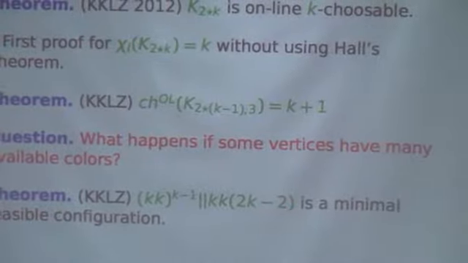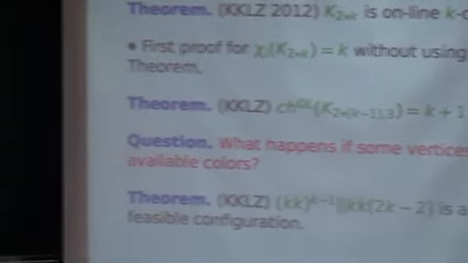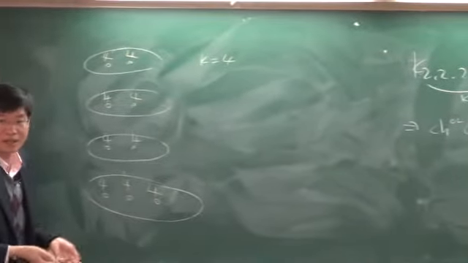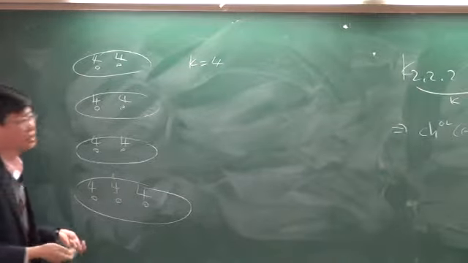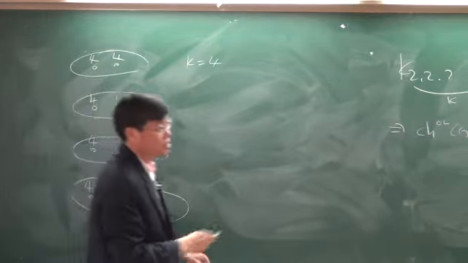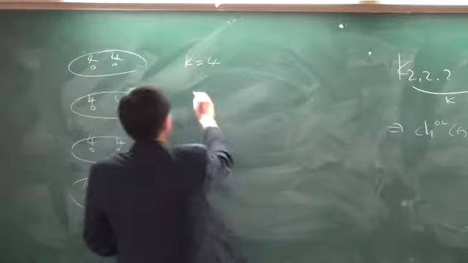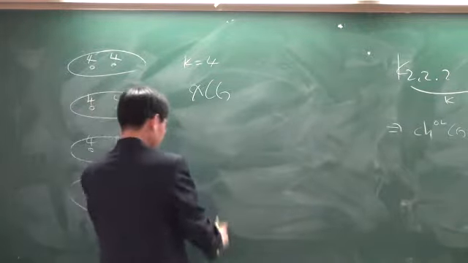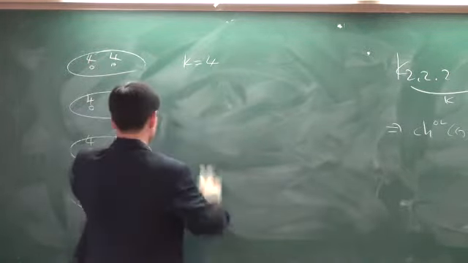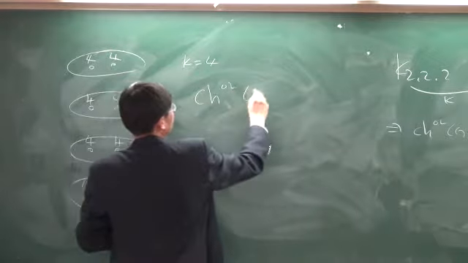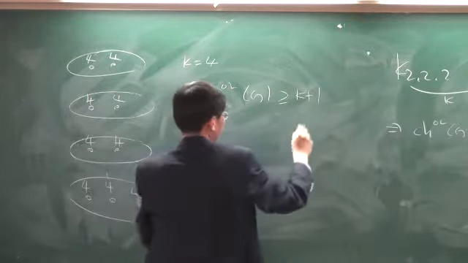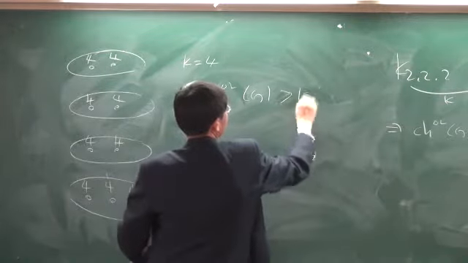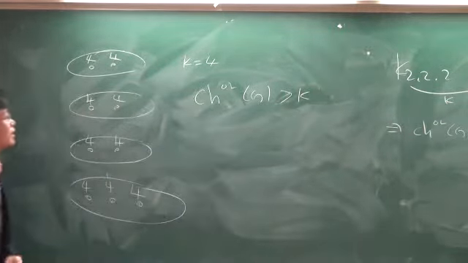Because here k is 4, right? So here the meaning is k plus 1 is greater than k.